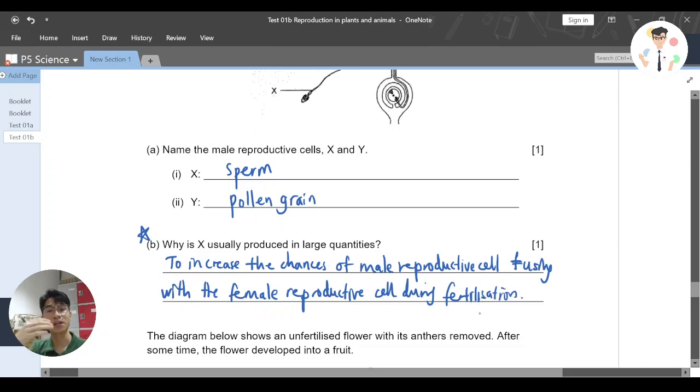Okay, again, to increase the chances of the male reproductive cell fusing with the female reproductive cells during fertilization.